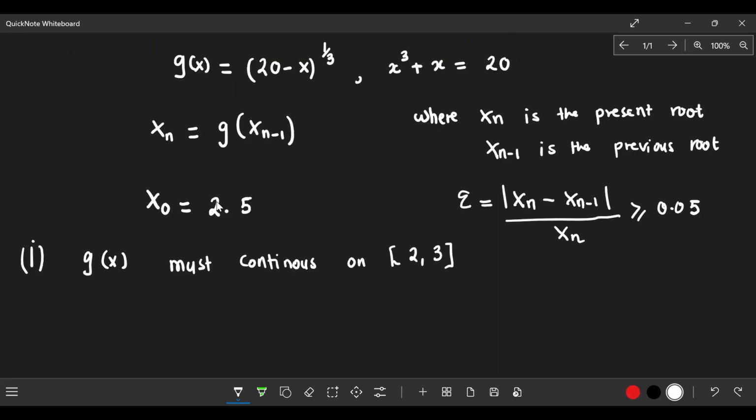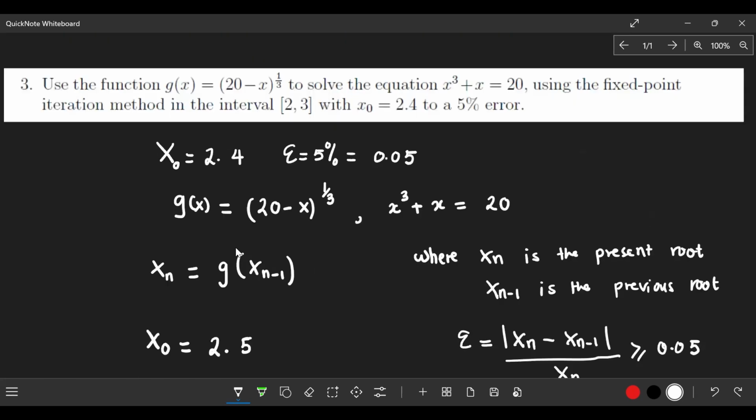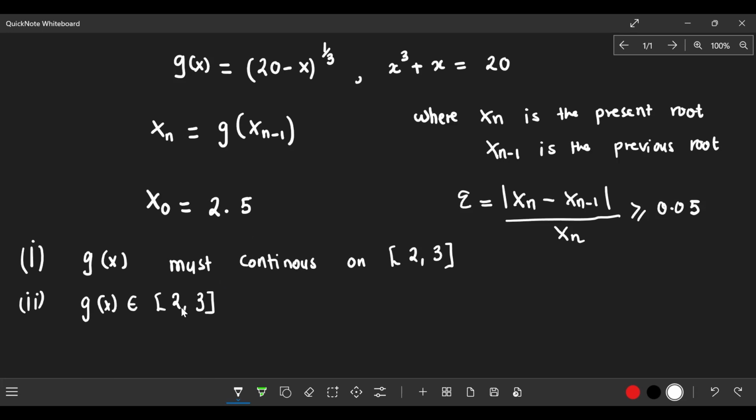Next, we have to check that g of x must belong to the interval. What I mean is that if you substitute any value from this interval, you must get a value which is within the interval. How you can test it is by substituting the extreme values of this interval, meaning 2 and 3.